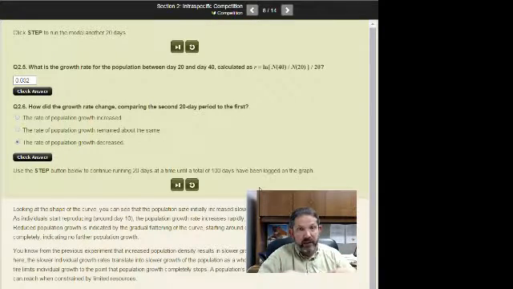It's hard enough to get a population estimate. It's even harder to get birth rate and death rate. But you're getting the same thing from these two sets of data. So what you're getting is R, the growth rate. Okay.